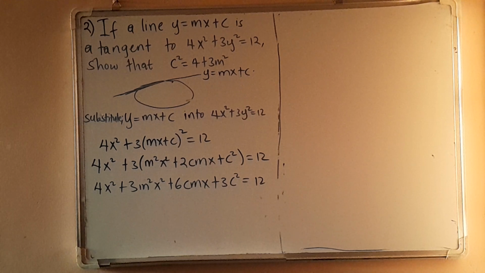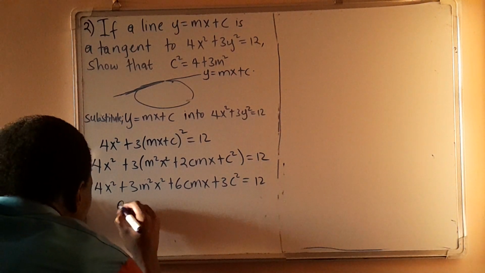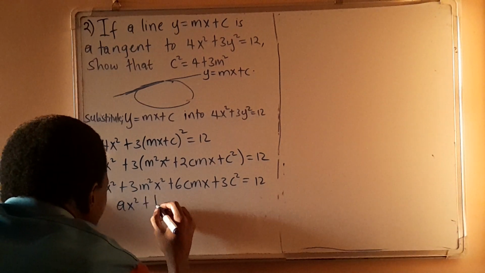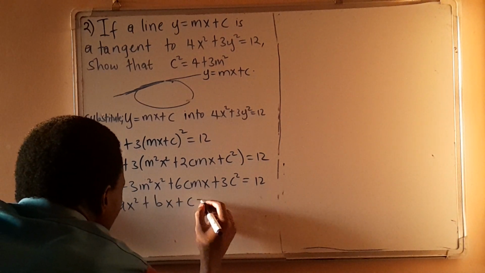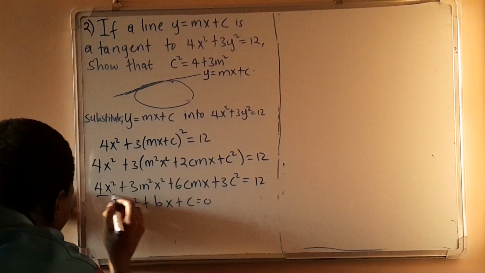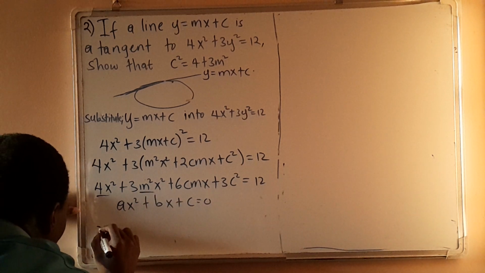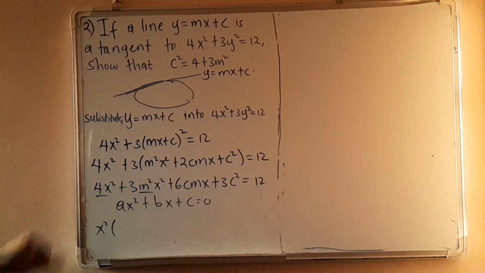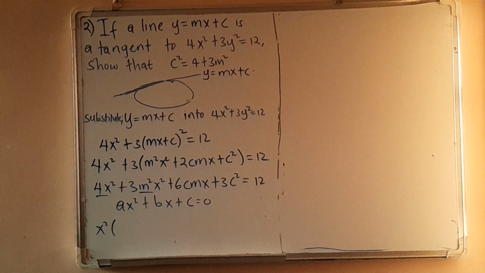A quadratic equation is always in the form ax squared plus bx plus c equals 0. So we are going to group those terms which are having x squared, particularly this term and here. Put x squared outside because x squared is common in both of them.